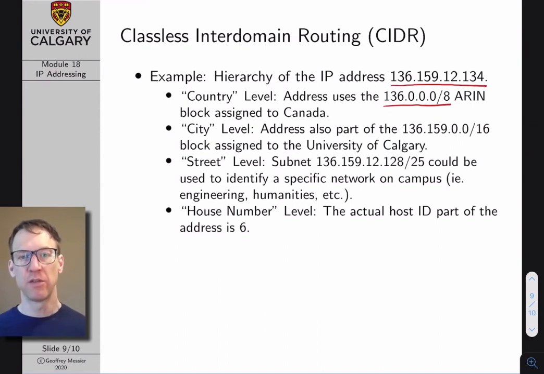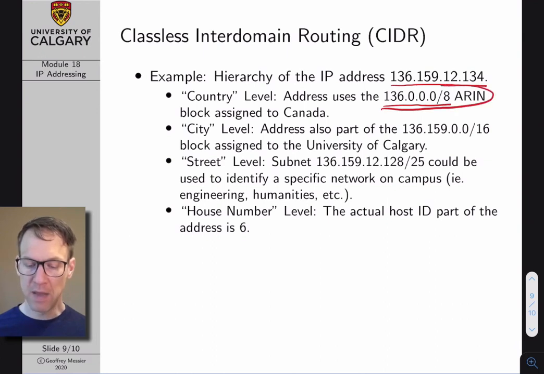So if a computer in, let's say, Brazil wants to send a packet to Canada, it could start out with an IP address. Let's say it wants to send a packet to 136.159.12.134. A router in Brazil is not going to have any information beyond this 8-bit network ID.